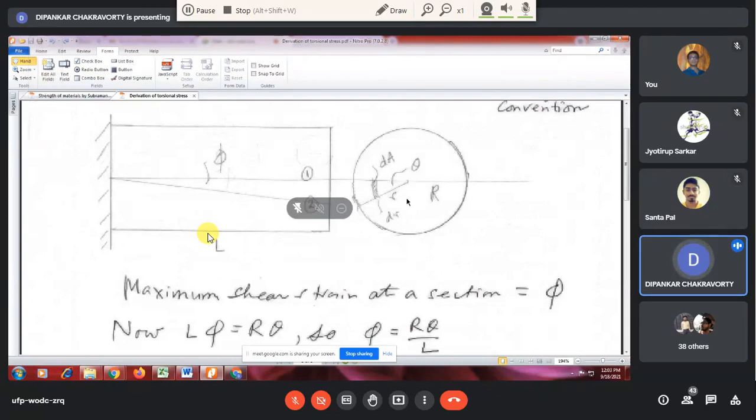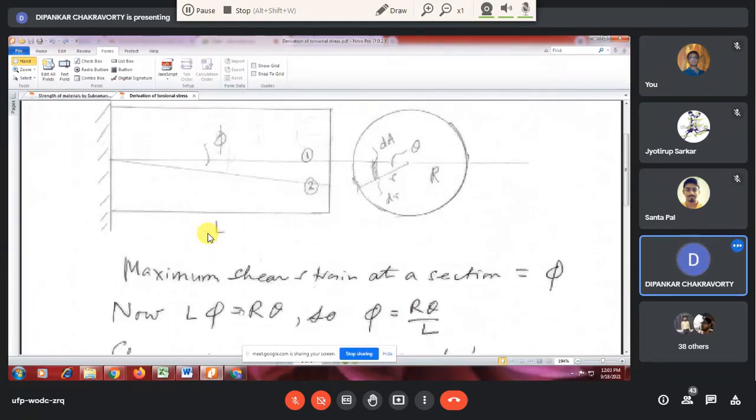Now, remember that this phi and this theta are basically very small. So these arc lengths can be assumed as straight lengths, and you can assume that L is the length of the shaft. L into phi is this amount, and capital R is the radius of the shaft, and small r is any general radius. So capital R into theta, these two will be equal.